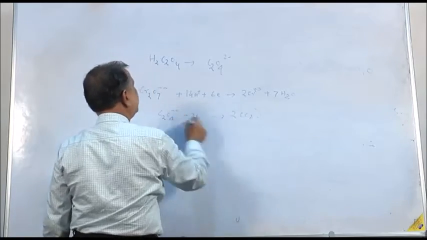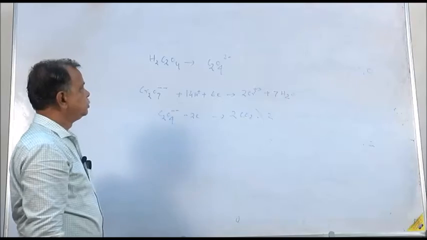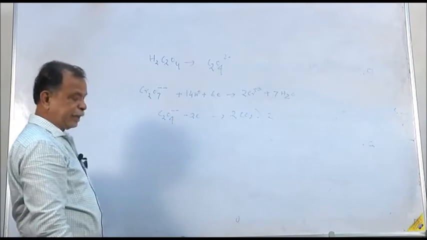So multiply by 3 and add the equations. This is all about potassium dichromate.